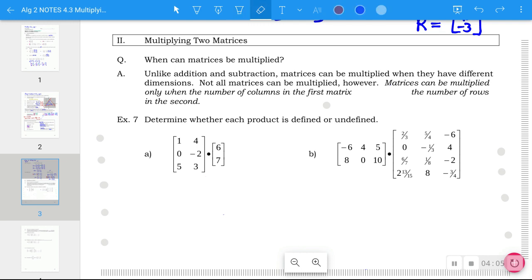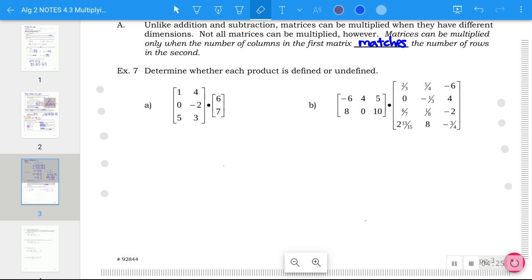And the answer here is a little strange. Unlike adding and subtracting where you have to have the same size matrices, here you don't. What you have to have here is the number of columns in the first matrix matching the number of rows in the second. So let me illustrate that. We're going to find out if this first example is even possible.